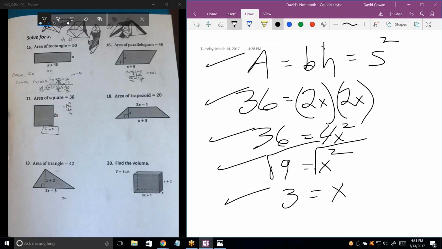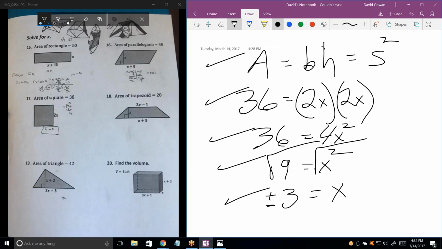Okay. Now, the final step there is actually plus or minus 3. Whenever I am solving an equation by taking the square root of both sides, my answer always begins with plus or minus whatever it is. Always.